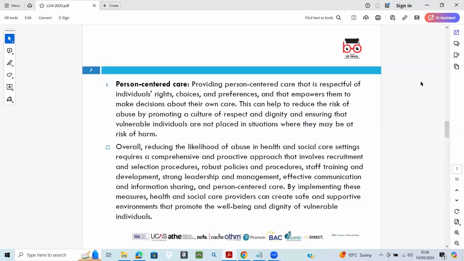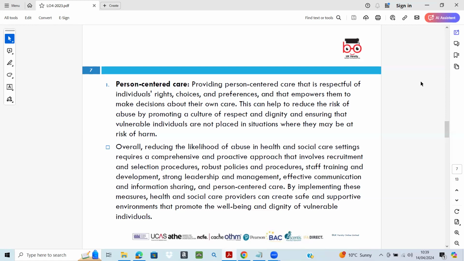And why might this reduce the risk of abuse? By empowering individuals and respecting their choices, we ensure that they are less likely to be placed in situations where they are vulnerable to abuse. It promotes a culture of respect and dignity, making abuse less likely to occur.